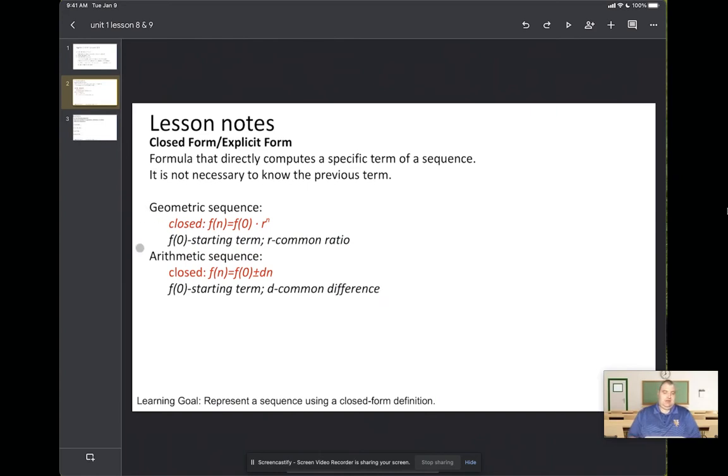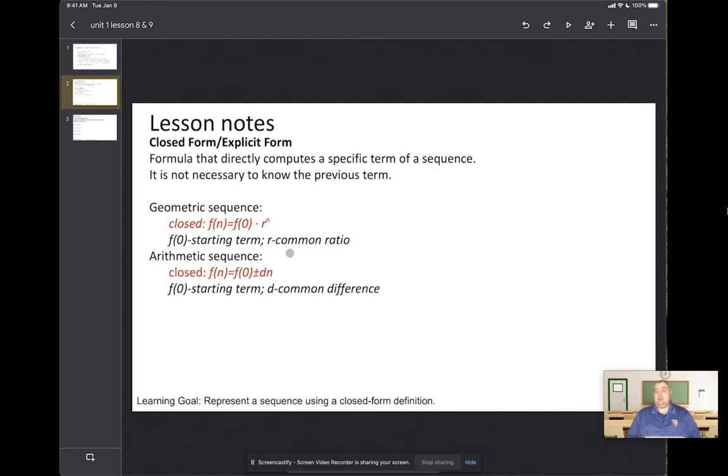So we have here the two formulas for the two special types of sequences for closed. We have the one here for geometric sequence. So f of 0, remember, is your starting term of the sequence. And r is your common ratio.